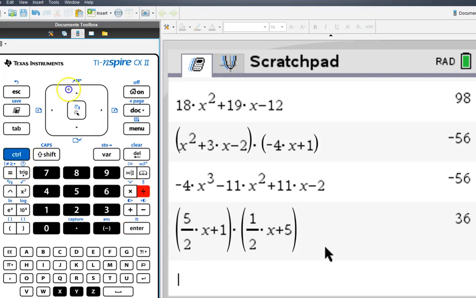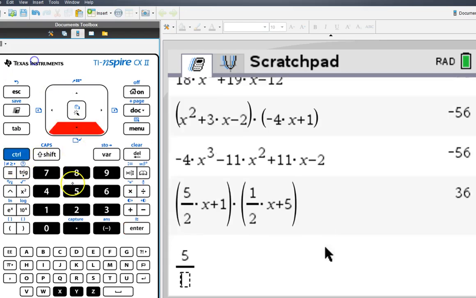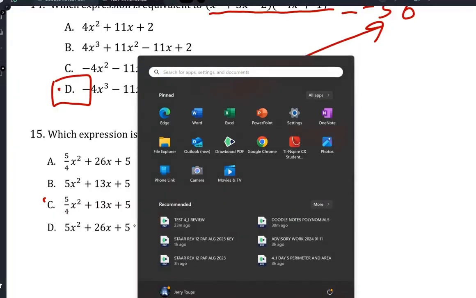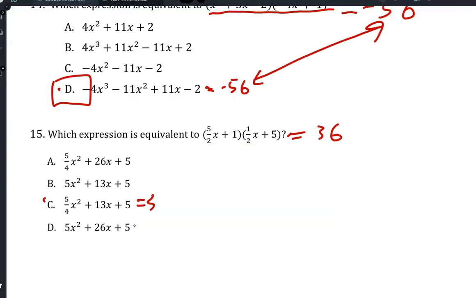So control divide, 5 down 4, right arrow button, x squared, plus 13x, and then plus 5. And we should get 36. Ding, ding, ding. It's 36. So this is 36. The stored values match up.